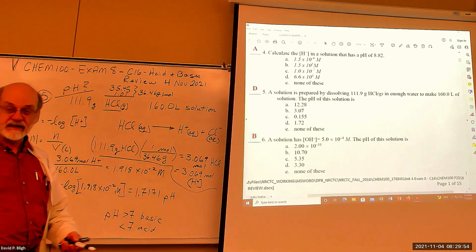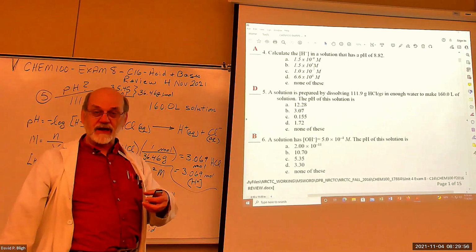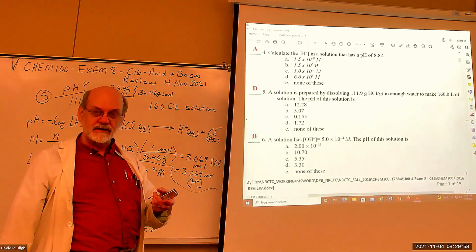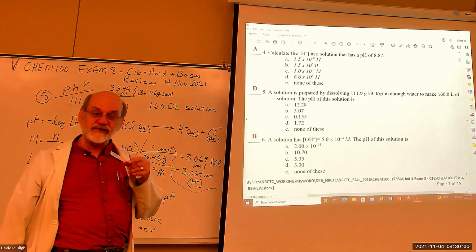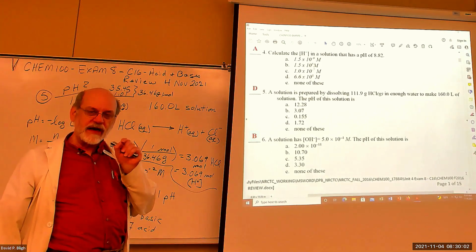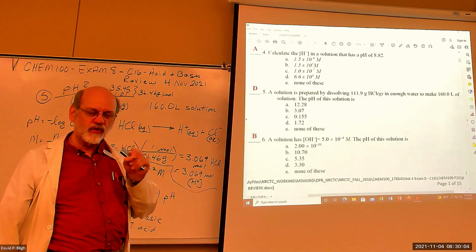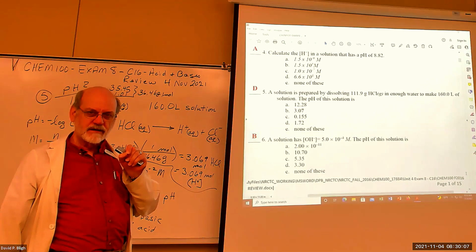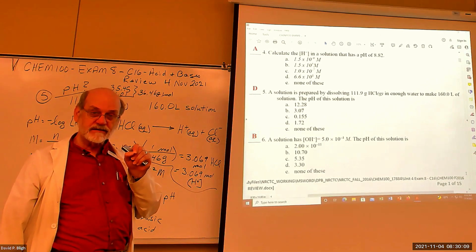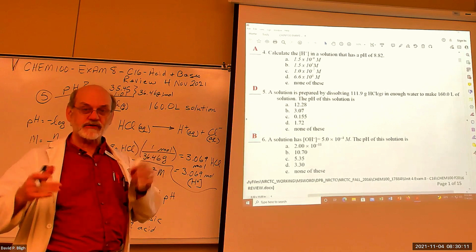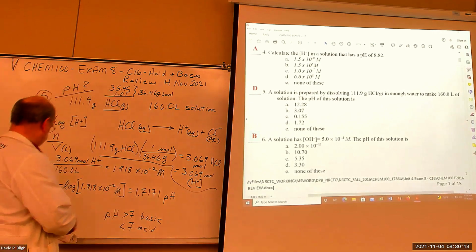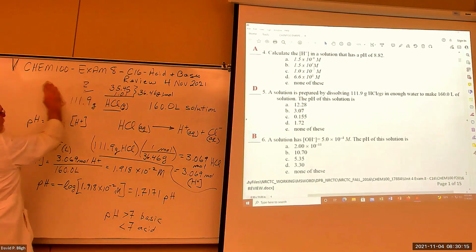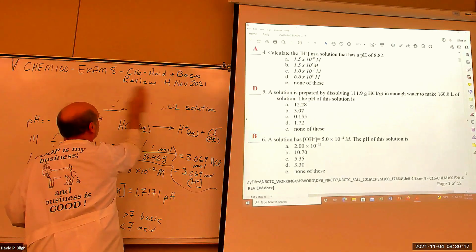Now, that doesn't mean it doesn't have hydrogen ions in that solution. It does. It just doesn't have many of them. Plus, all the hydrogen ions in pure water produce at the same rate, the same concentration, hydroxyls. So let me show you that.